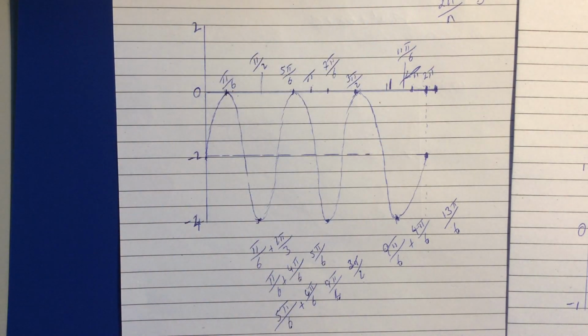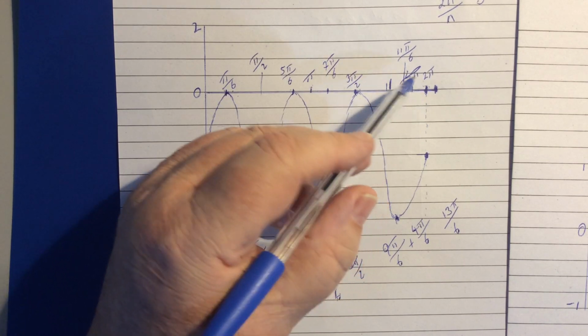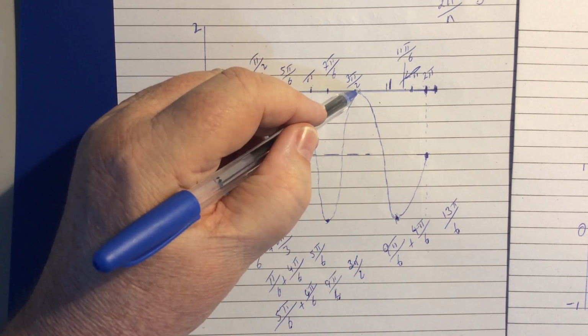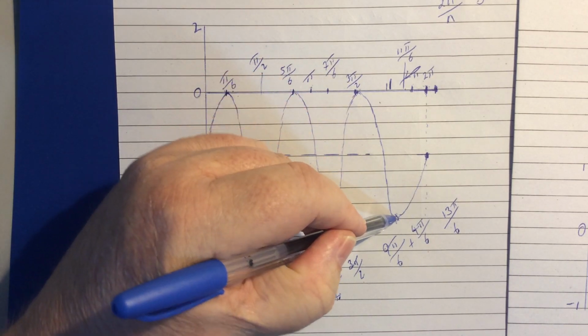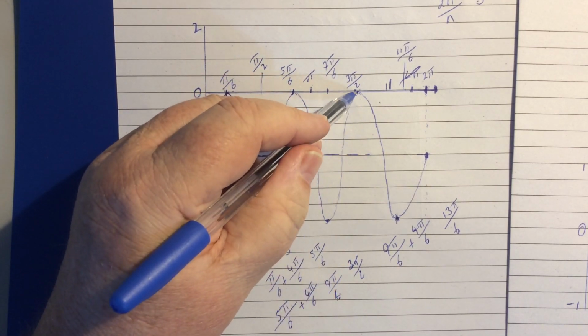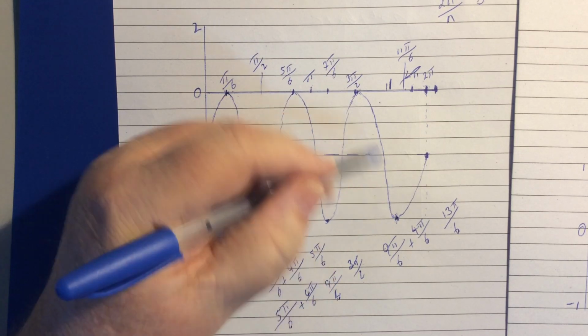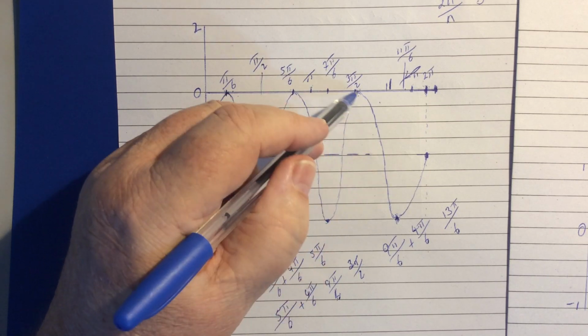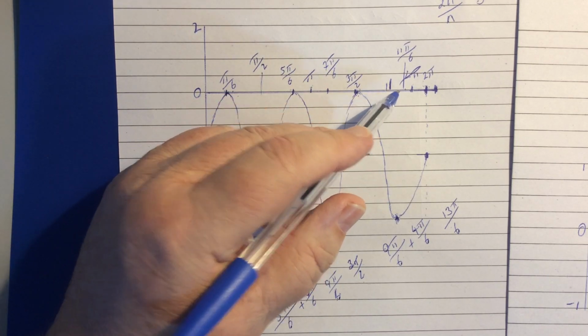So that is 330 degrees. So it's very close to 2 pi. And the distance between here and here is approximately, well, it's exactly 60 degrees, this value between here and here.